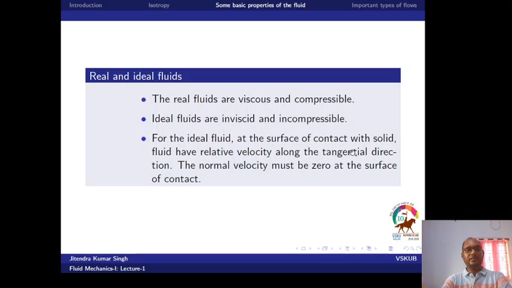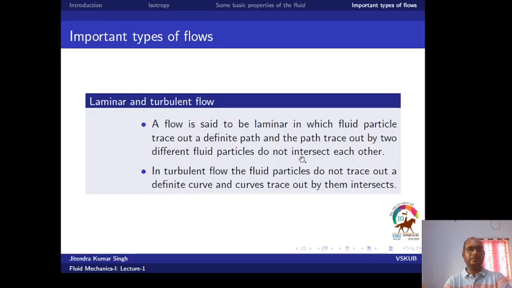This condition comes from the boundary conditions to be satisfied at the surface. The boundary condition at the surface tells us that the fluid in contact with the surface has the same velocity as that of the surface.